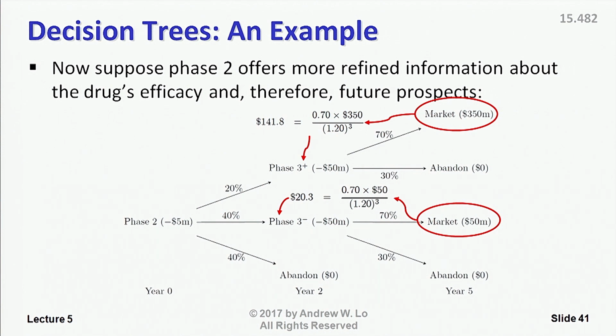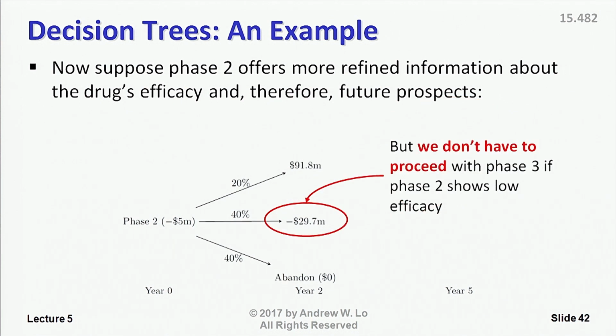Let's go back and do the math. If you go back and calculate the expected risk-adjusted cost of capital and calculate the discounted value going back here and going back here, look at what happens. What happens is you have these two different outcomes. This is when you have a good phase 2. Your phase 3 is worth $91.8 million.